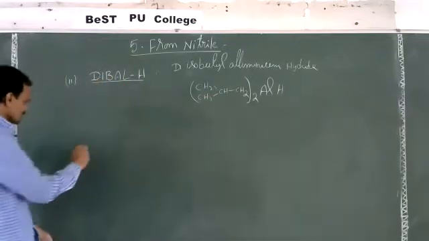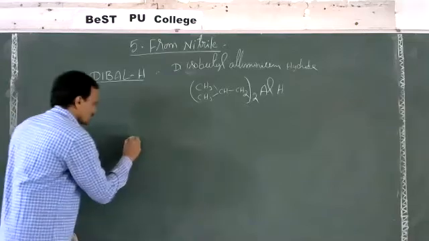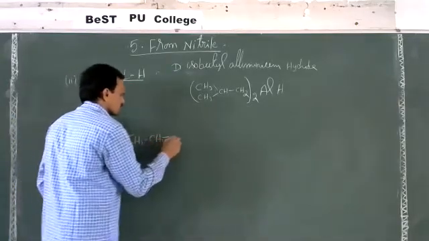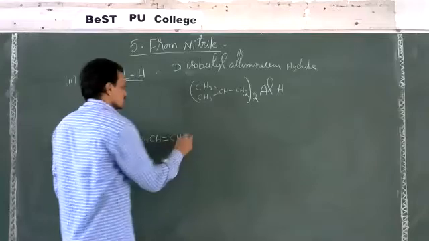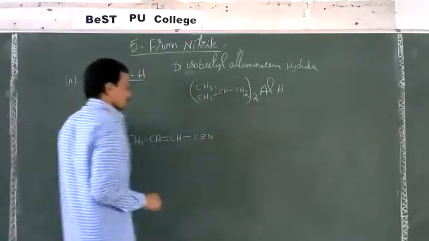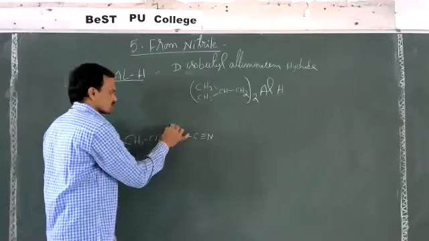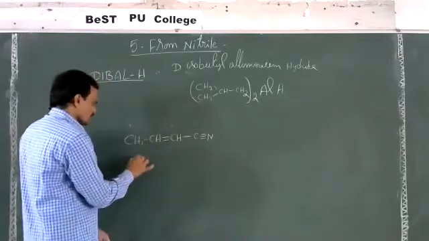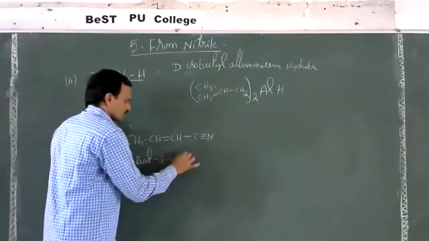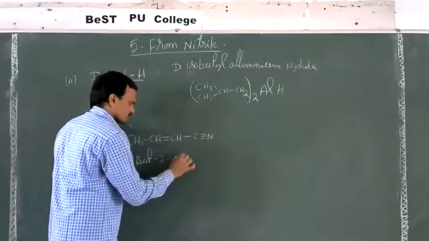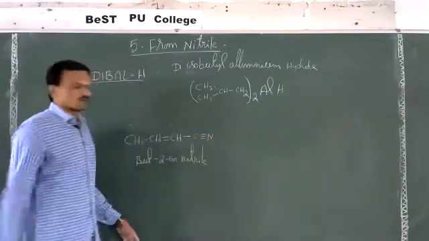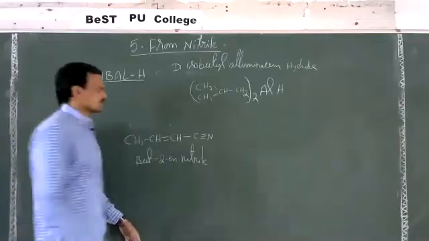Let us see an example here. CH3-CH=CH-C≡N. What is the name of this compound? 1, 2, 3, 4: but-2-ene nitrile.